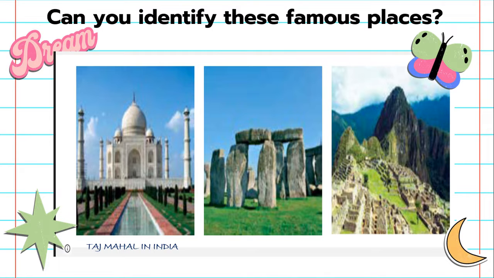The second picture is the same as the video we just saw. That is Stonehenge in London. The last one is called Machu Picchu, located in Peru.